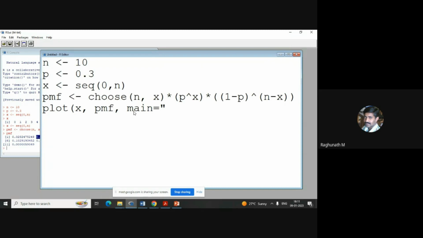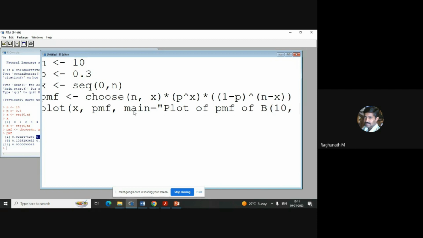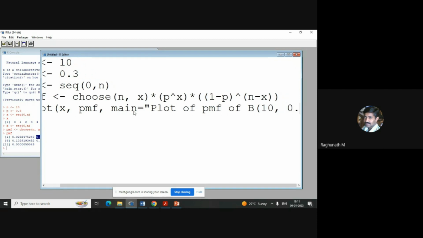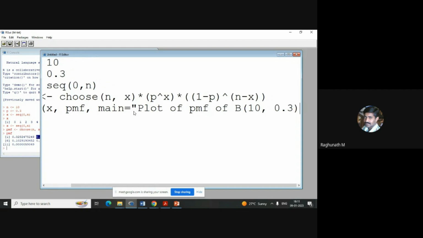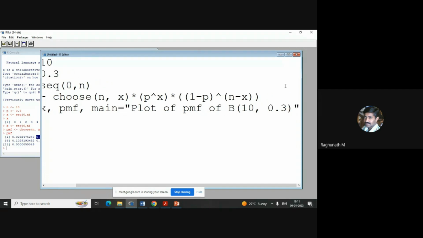You can simply say: plot of the PMF of binomial 10 comma 0.3, close the bracket and close the inverted comma.